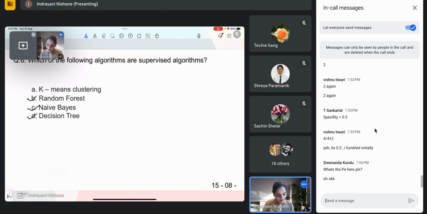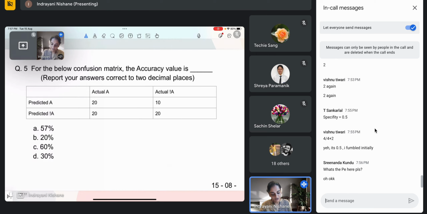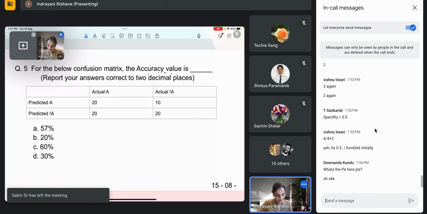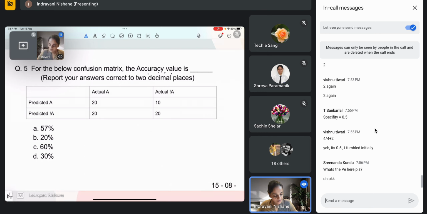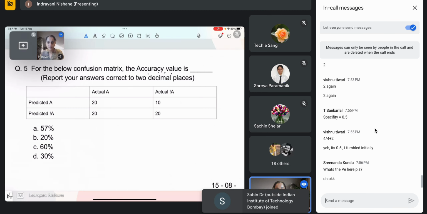So we have calculated this. Okay, let us come back to question 5. Below confusion matrix, we have to calculate the accuracy value. Accuracy is how many data points out of the total sample size are correctly classified.